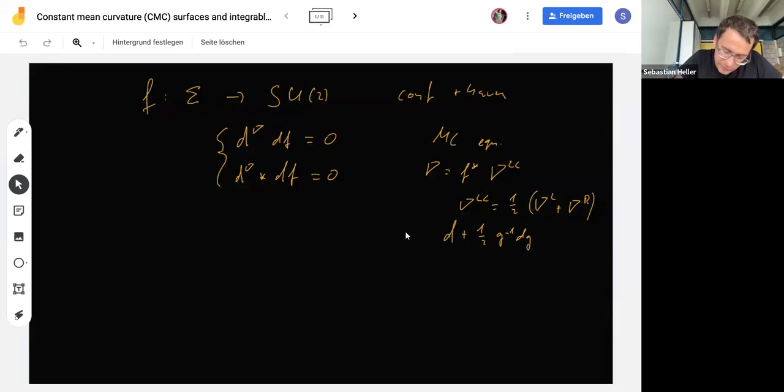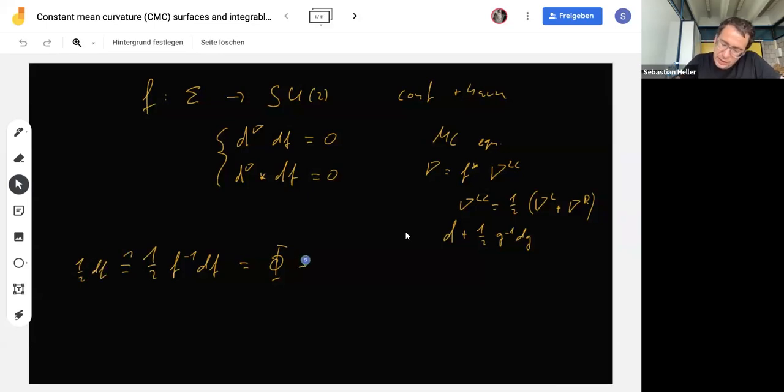To start with, I take the pullback of the Maurer-Cartan form, and I denote it by phi. This corresponds to 1/2 df.